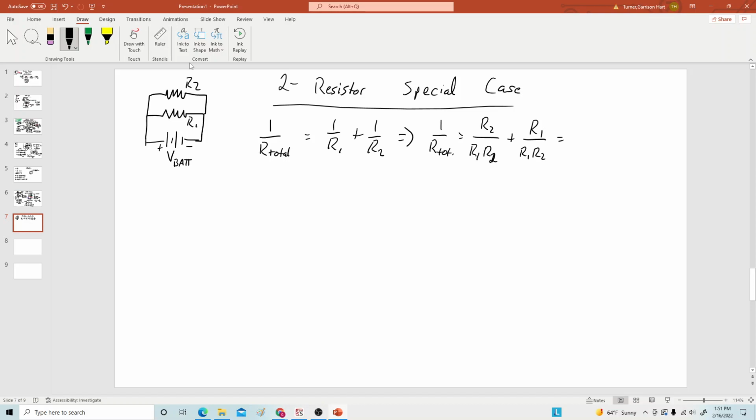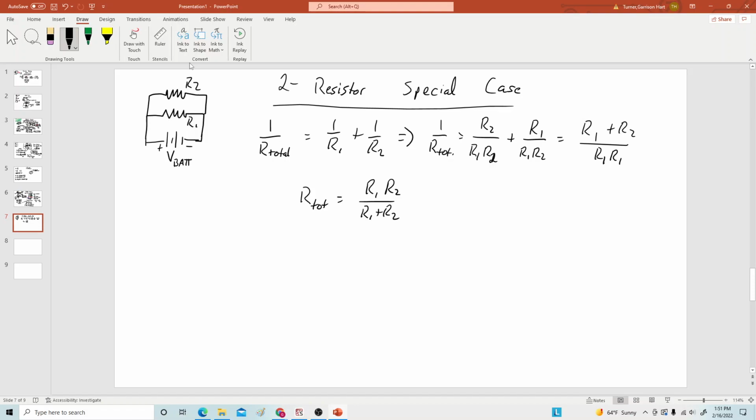And then you can add these up, and because it's addition, it doesn't matter what order you add them in, so I can just say R1 plus R2 over the product of R1 R2. And now I can take the reciprocal of both sides. So the total resistance that the battery experiences is just the product of your resistors divided by their sum.